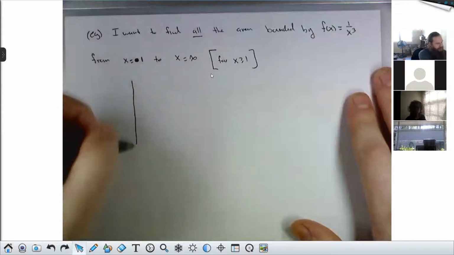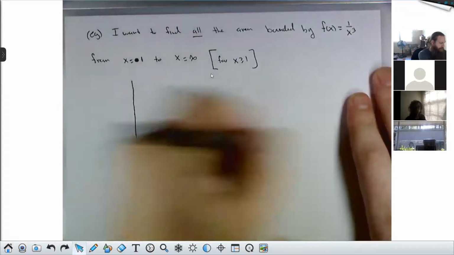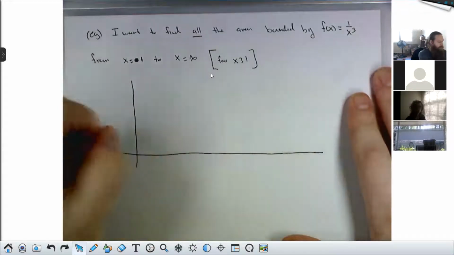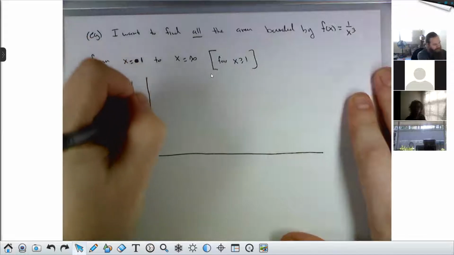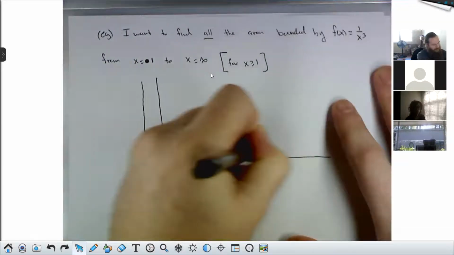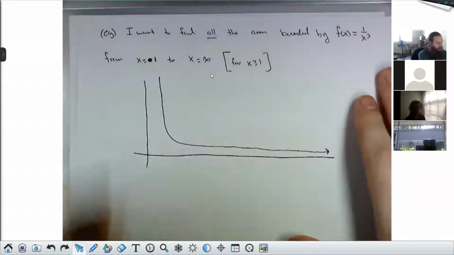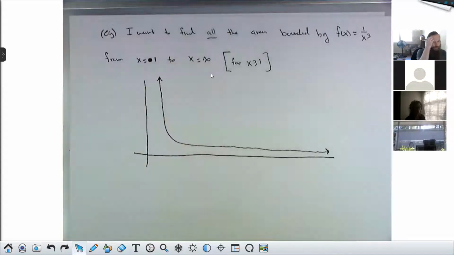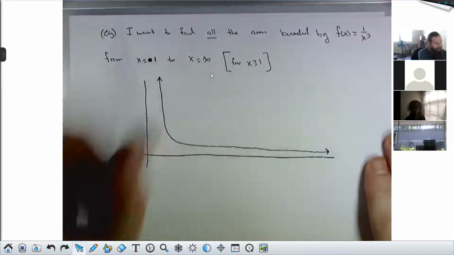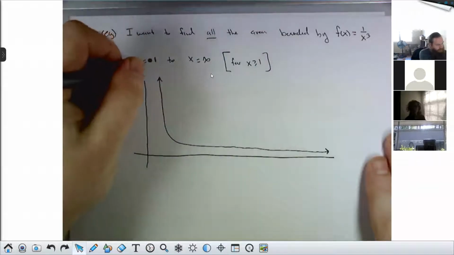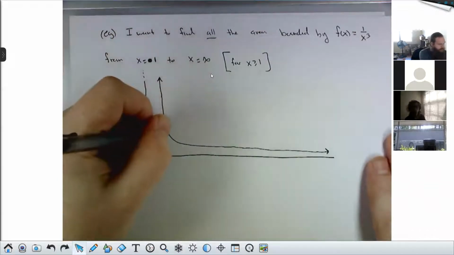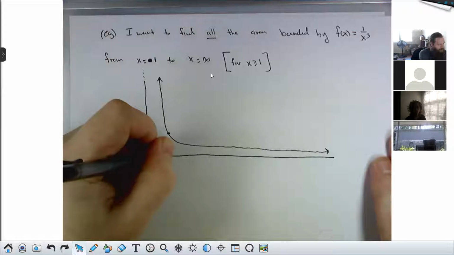But what does that look like? Let me draw the graph of 1 over x cubed. Here's the graph of 1 over x cubed. As we get close to 0, 1 over x cubed blows up. We've got a vertical asymptote here. I don't care about that because I'm paying attention to everything to the right of 1.